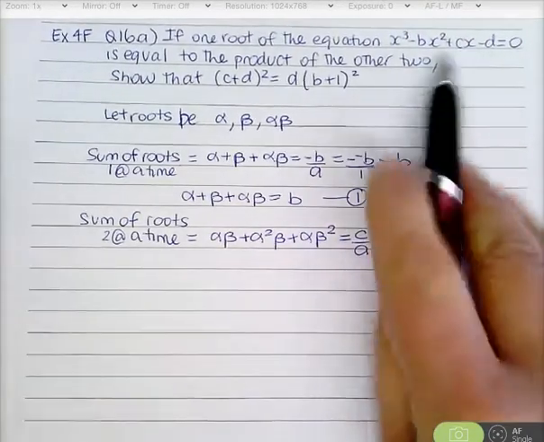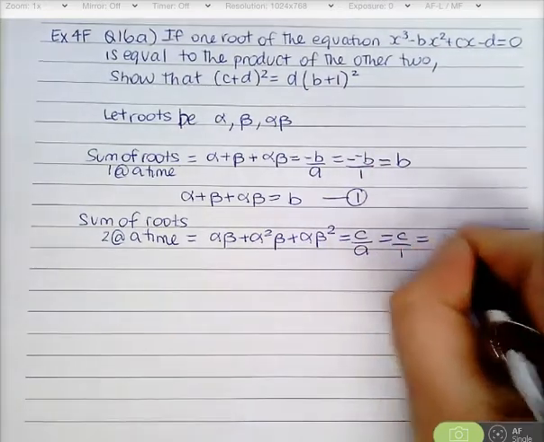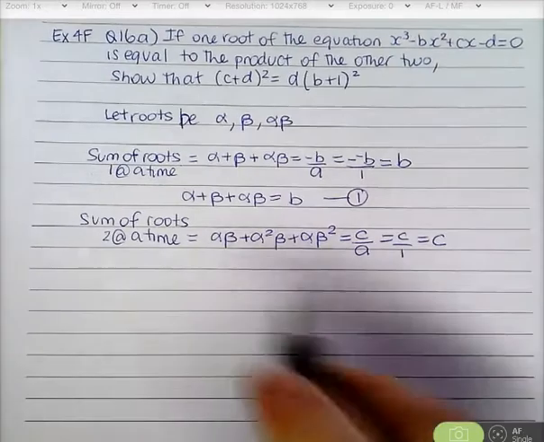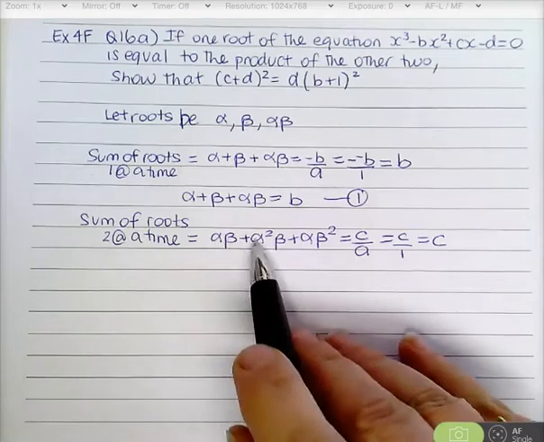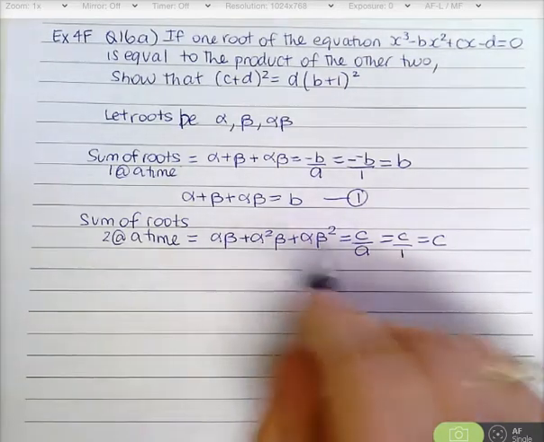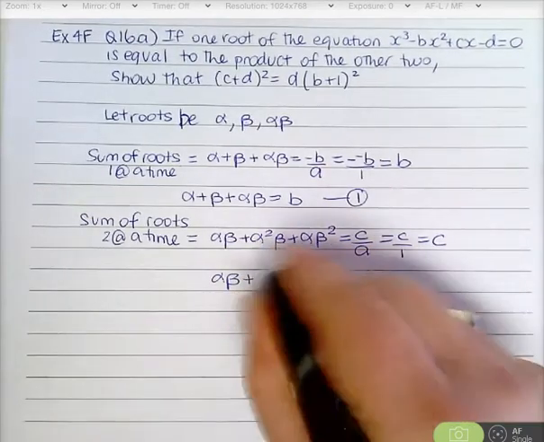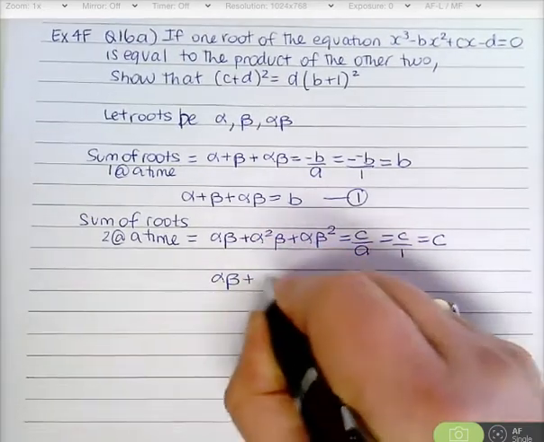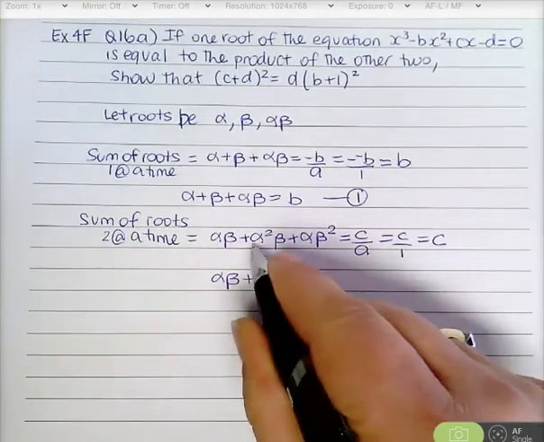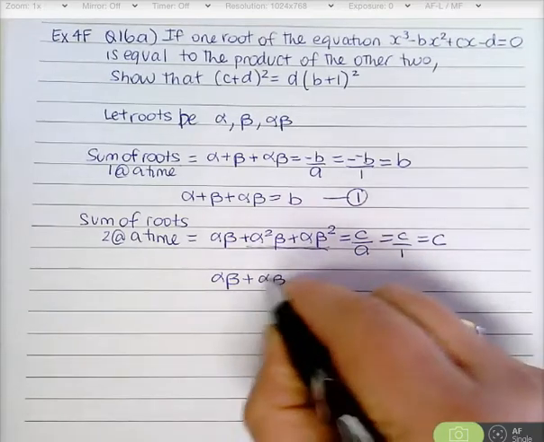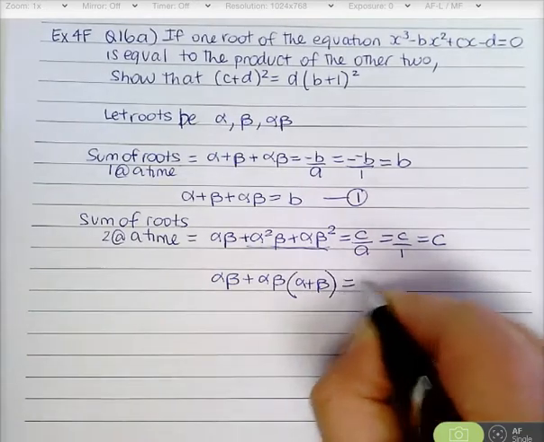Now, if you look up and see what c on a is, it's c over 1, which happens to be c. So what I'm going to do with this here, we can combine some like terms. Well, actually, there aren't like terms, but we can factorize these last two. So that would be alpha times beta plus, if we look at these two, they've got an alpha and a beta in common. So I'm going to keep this alpha beta separate, factorize these two terms here, and you'd get alpha beta bracket alpha plus beta, and that equals c.